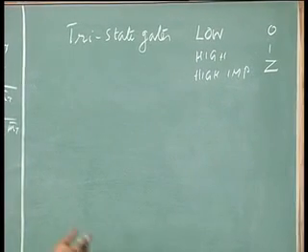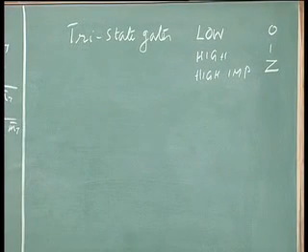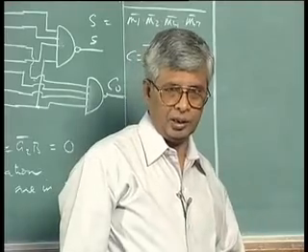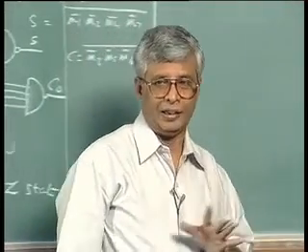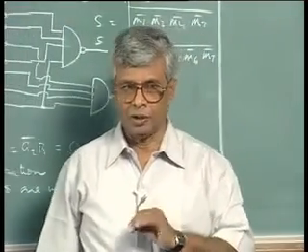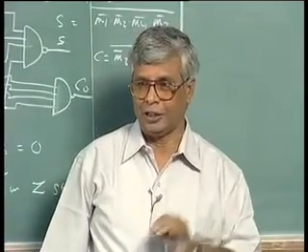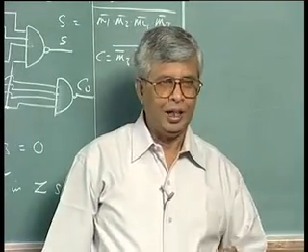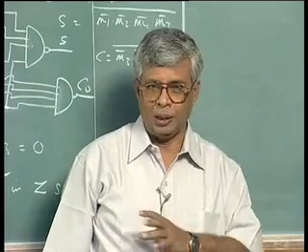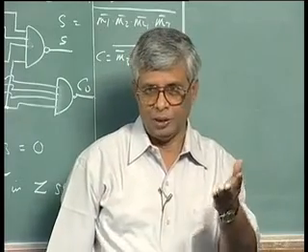Actually, this term tri-state was coined long ago by National Semiconductor, a major semiconductor manufacturer, and they patented it. So other companies could not use the term tri-state. They had to say three-state buffers. I think by now the patent must have expired, so they can use it.